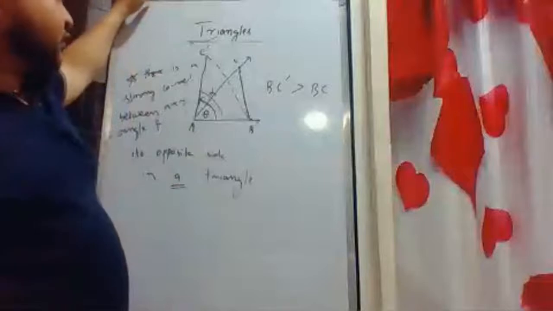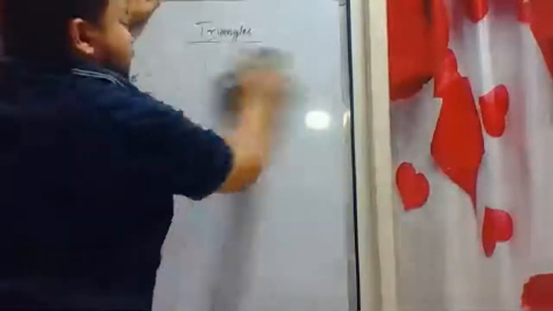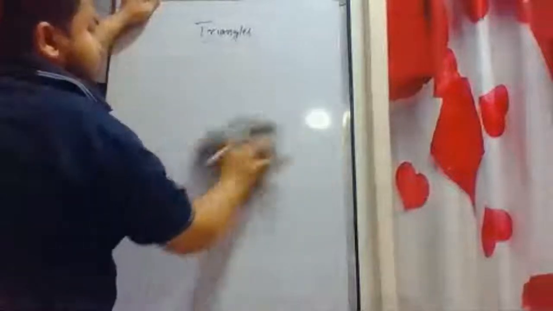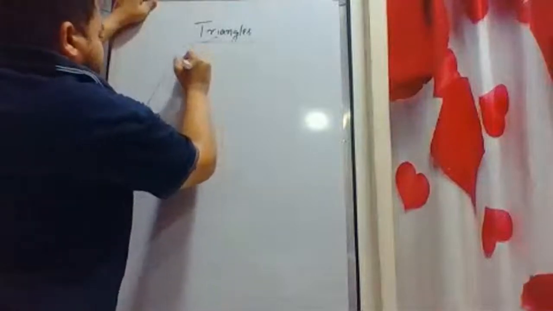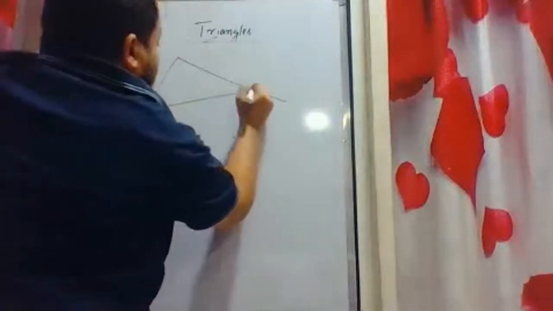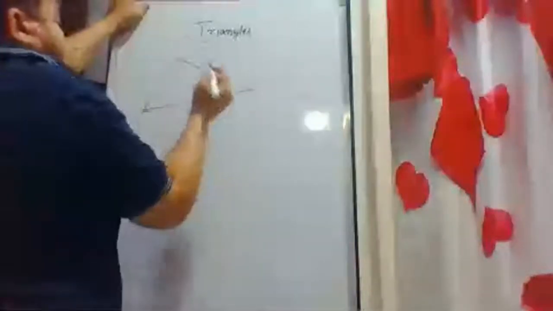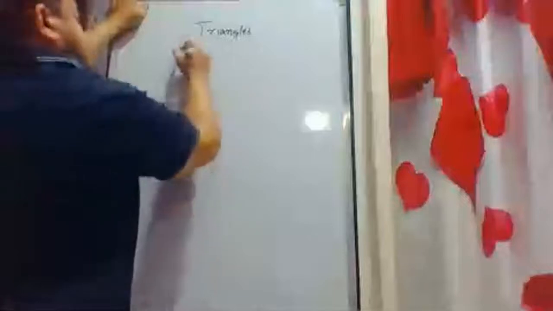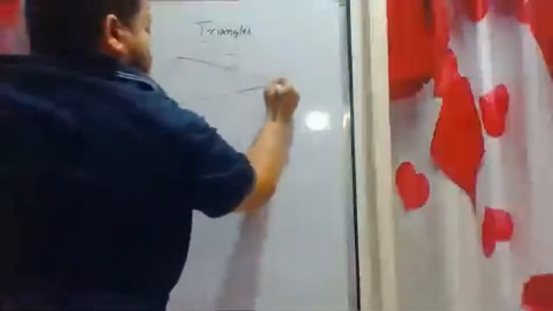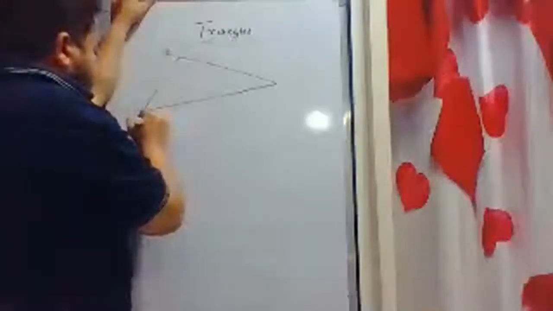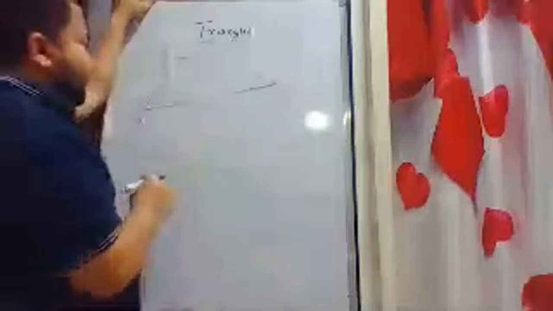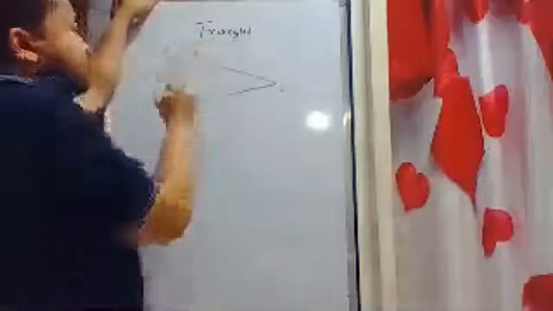So whenever you talk about any one particular triangle, let us draw a triangle on the board and try to see it more clearly. In this triangle ABC, visually it looks like A is the largest angle.